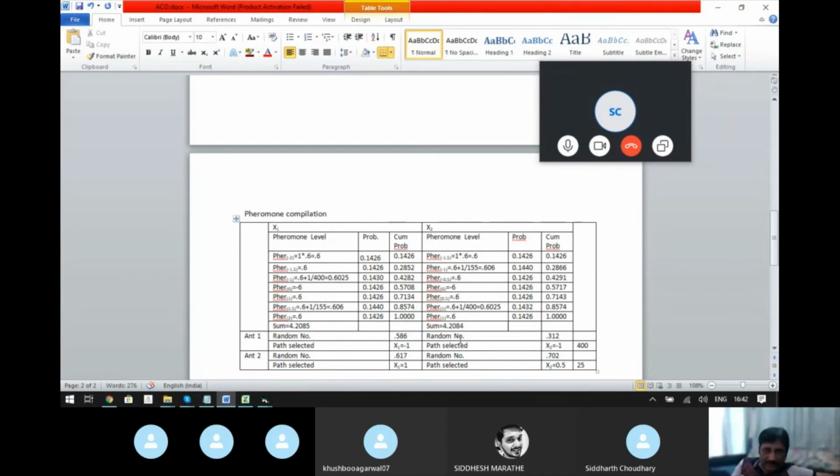Now what is the course of ant 1 on the x2 side? Once again I take a random number, 0.312, and place it in the cumulative probability portion, between 0.2866 and 0.474291.